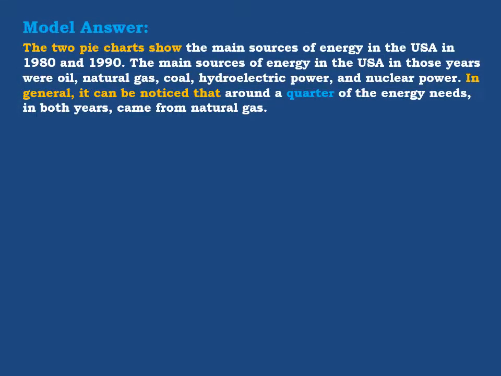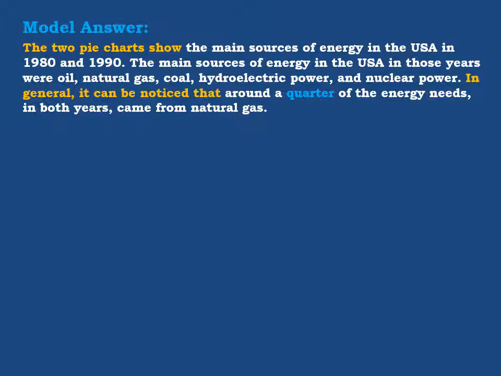Now let's look at the model answer. You remember earlier we said that in the introduction, we should include all the elements mentioned in a graph and then introduce a general idea. Let's see here if we have these two major elements. Now, the two pie charts show, again, this is the beginning of describing any graph.